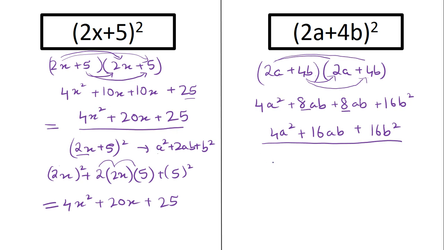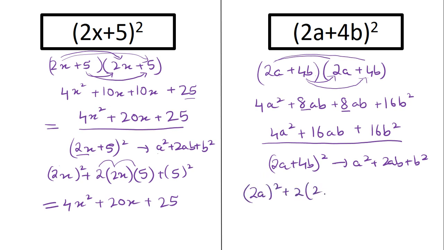If I try doing the same thing, (2a + 4b) squared, in this way, a squared plus 2ab plus b squared. So I have (2a) whole squared plus 2 times 2a times the b, that is my 4b, plus b squared, that is (4b) squared.